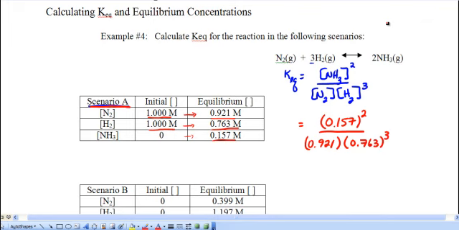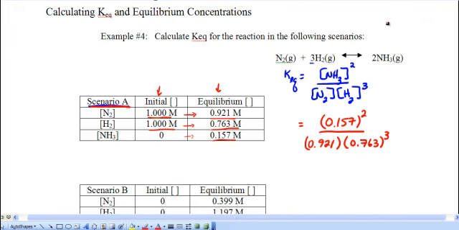Now, the first question might be, why are we using the equilibrium concentrations and not the initial? Well, because the equilibrium expression is an expression of where the equilibrium position is, so you don't want to use the initial. The initial concentrations are going to change, and they're going to continue to change until the system reaches equilibrium.